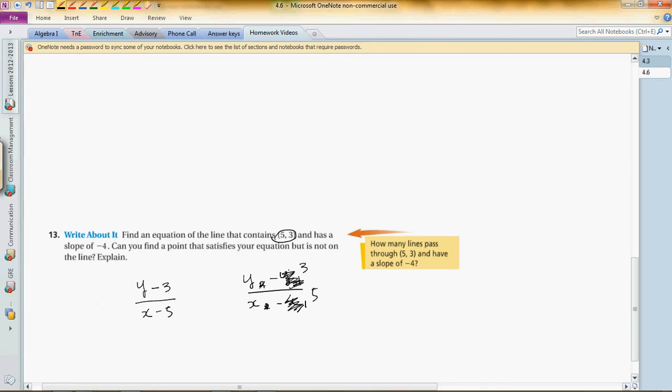So the point here is we have y minus 3 over x minus 5. That equals -4. -4 means -4 over 1, right? So now we have to find out y minus 3.